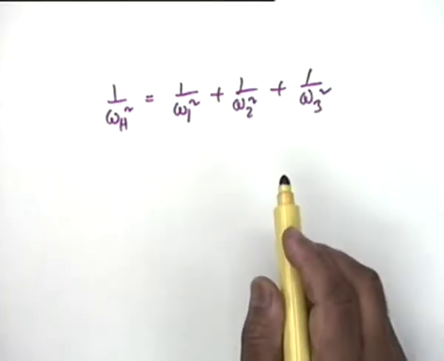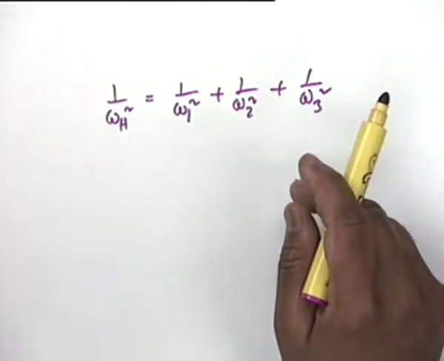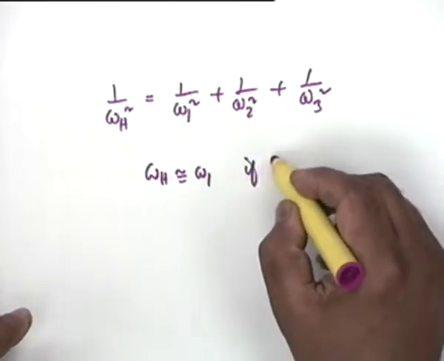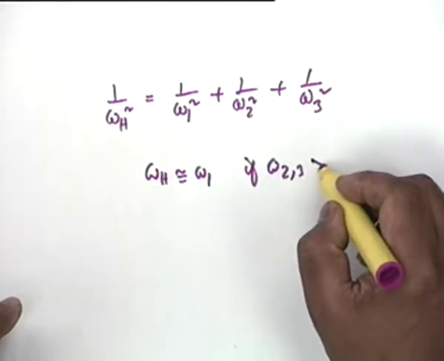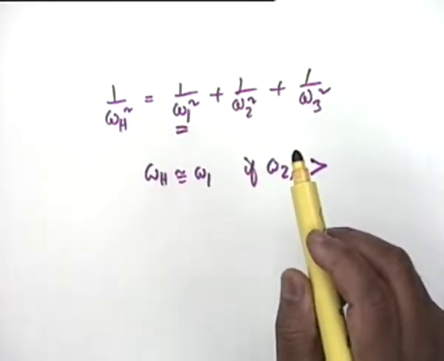And you can see from here that if omega 2 and omega 3 are 10 times omega 1, then omega h is approximately equal to omega 1. Right? If omega 2, 3 are at least not 4, I wanted you to make that mistake. No. You see, you are also squaring this, don't forget this.